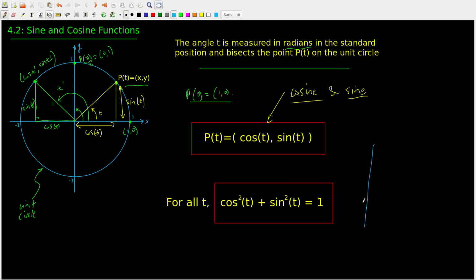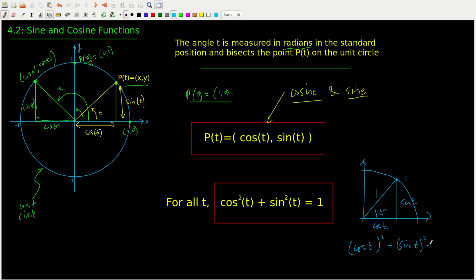And this identity is coming directly from the circle we're looking at, because we're looking at a circle which has radius 1, and so we've defined these two lengths to be the cosine of the angle that appears here and the sine of the angle that appears here, and 1 along here. So the length of this squared plus the length of this squared must equal 1 squared. And this gives us our first identity and real important understanding of what sine and cosine mean.